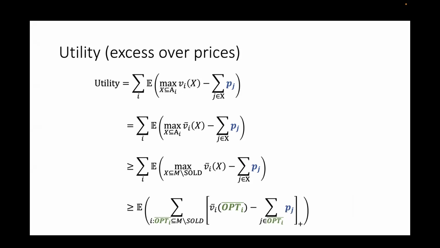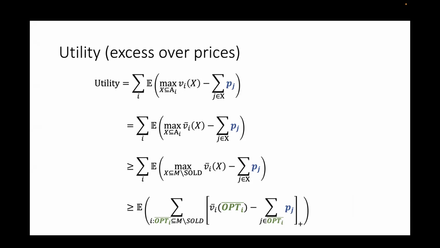But because I did that trick, now I have V_I bar being independent of what's available at the end. And then I can lower bound that optimization problem with one particular choice of the set that we're maximizing on, right? I will choose the optimal allocation, what this person should get in the optimal allocation. Let me call it opt_I bar. With this V_I bar, if we draw everyone else's values also, this agent should get opt_I bar.